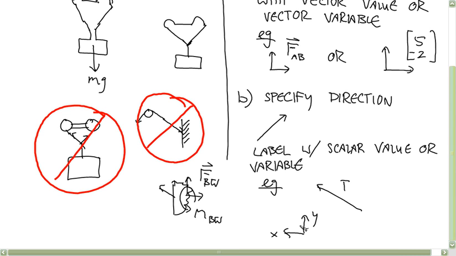This implies that the z-axis is into the page. So if you're going to use some crazy coordinate system, make sure that it satisfies the right-hand rule. Okay. And if you don't know what that means, then don't be too crazy with your coordinate systems.